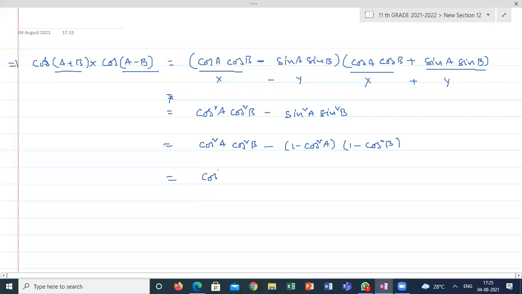This will be cos square a cos square b minus, 1 into 1 is 1, minus cos square b, minus cos square a, minus into minus plus, plus cos square a into cos square b. So what are you getting finally? Weird answer, sir: cos square a plus cos square b minus 1.